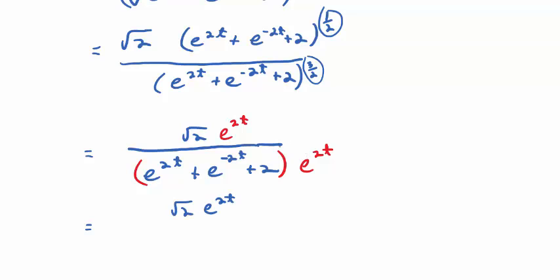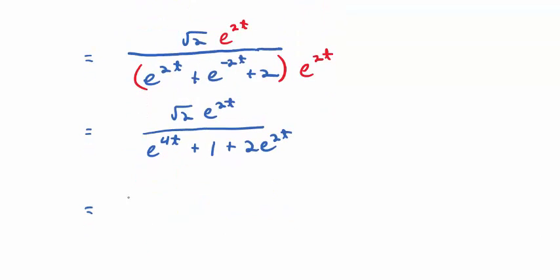And then if we distribute the e to the 2t on the bottom, we'll get e to the 4t when we distribute it here, plus 1 when we distribute it here, plus 2e to the 2t when we distribute it to the 2. And I know that doesn't look much simpler, but there's a neat trick here.